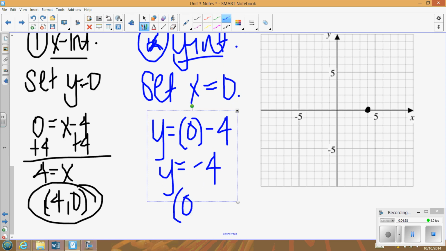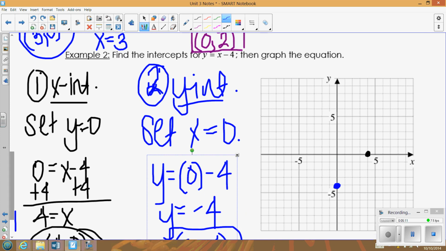So 0 is what the x value was, negative 4 is what the y value was. So you don't move right or left, but then you're going to move down 4. And we can go ahead and connect these to get our graph of our line. And get your arrows on there, get your label on there, and then we will be all set.